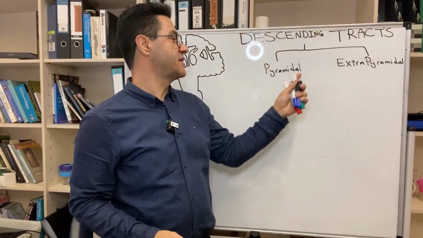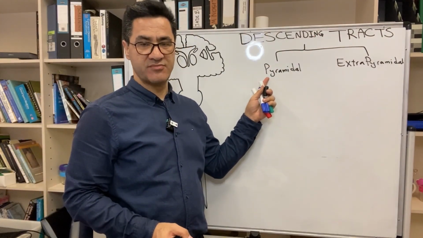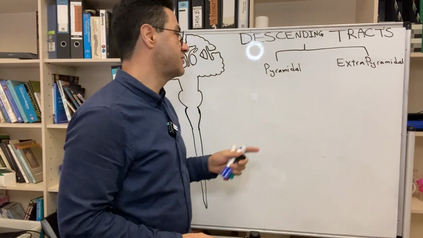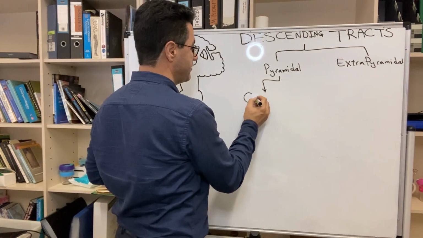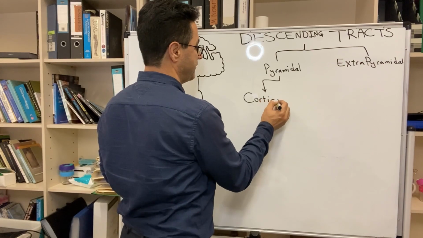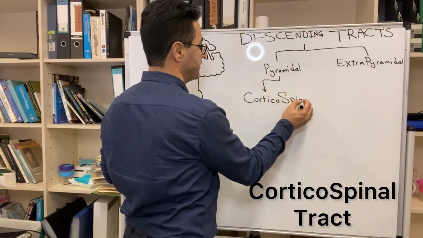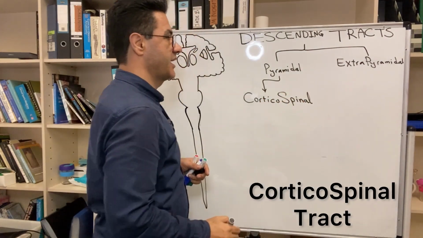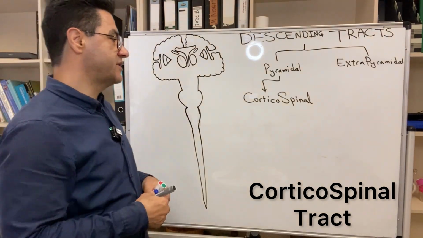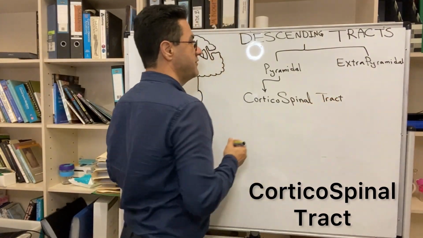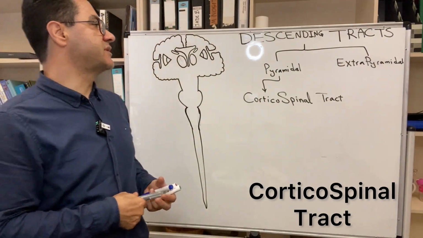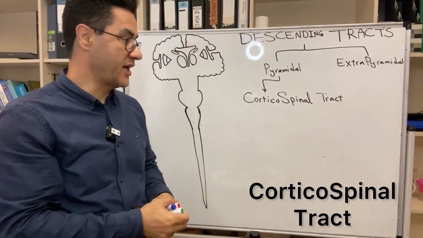Today I'm going to focus on one of the most important pyramidal tracts, the corticospinal tract. It's one of the most important tracts of the descending tracts.